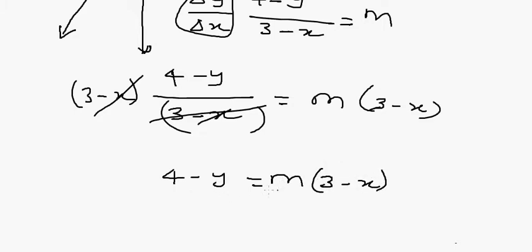Okay. So y in terms of x. We just have to open this bracket or multiply the sides. So 4 minus y is gonna be equal to 3m minus mx. Right. So I still have to find y in terms of x.